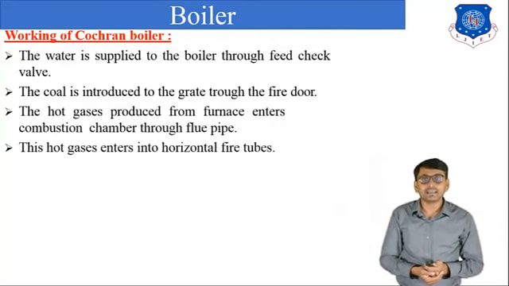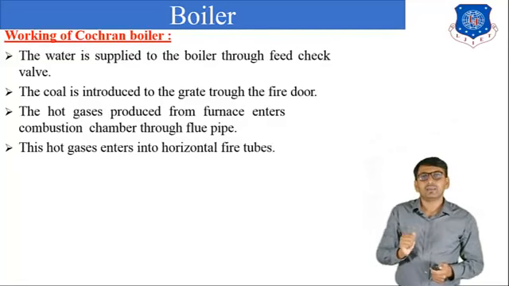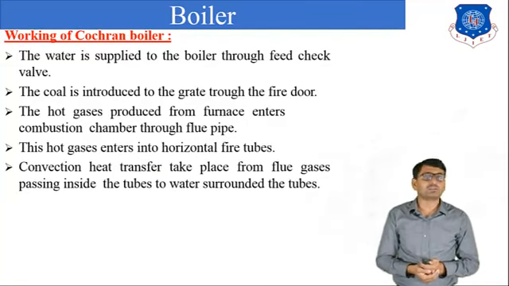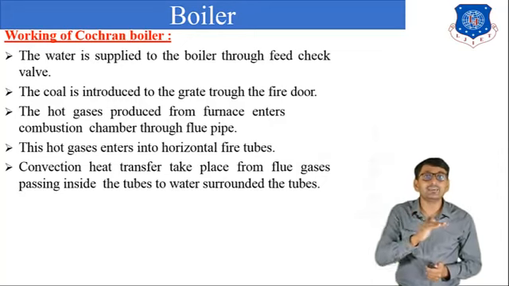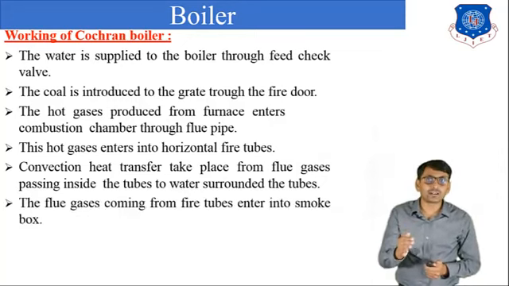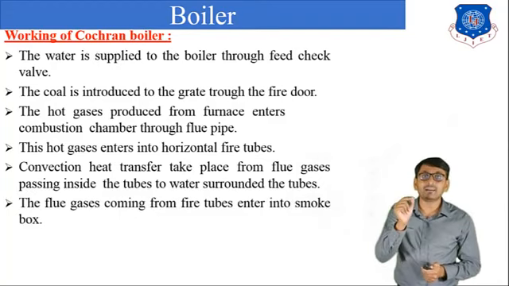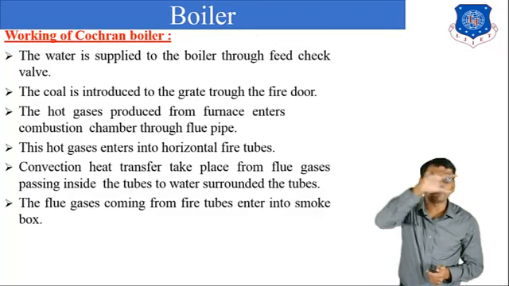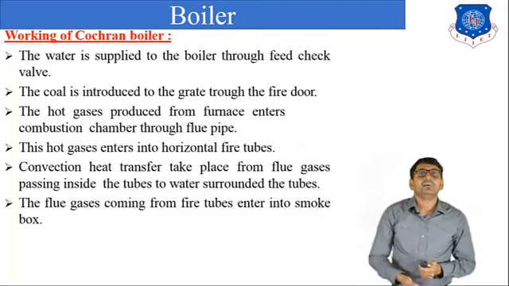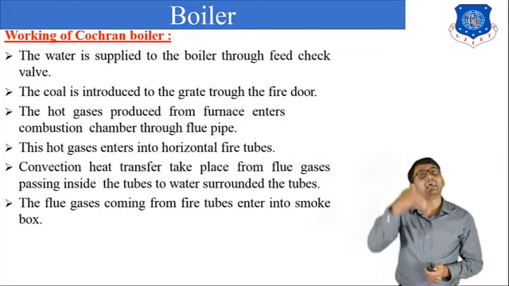Then this hot gas passes inside the tubes and water is present outside the tubes. So there is heat transfer, and due to this heat transfer, water is converted into steam, and steam is collected at the upper part of the boiler. The flue gas coming from the fire tubes enters the smoke box, then is transferred into the chimney and then the atmosphere.